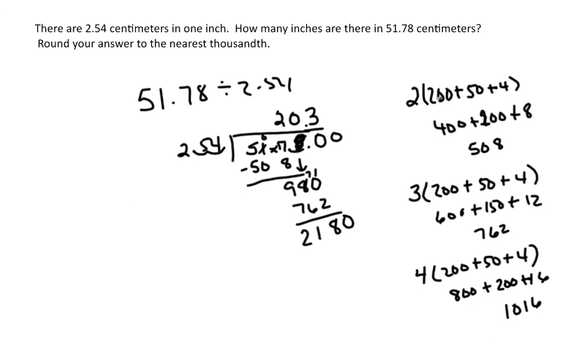2032. So we can try jumping over here to 8. Okay, so let's try 8 times 200 plus 50 plus 4. Okay, so that becomes 1600 plus 400 plus 32.